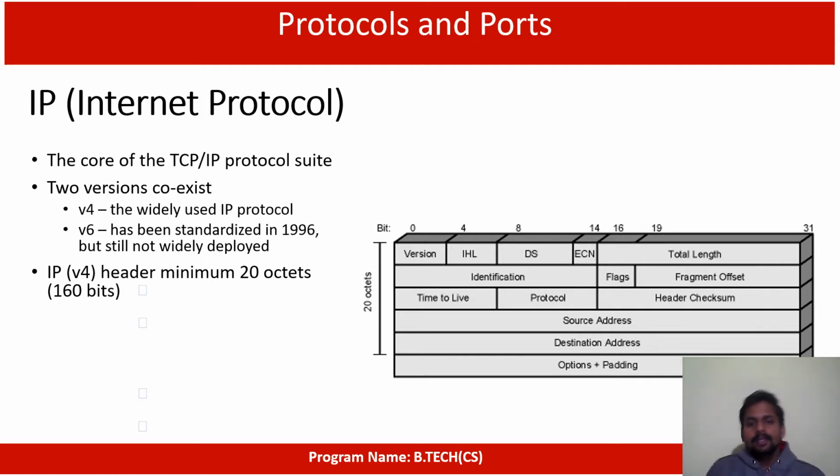This internet protocol header contains 20 octets, and the bits are organized into 32-bit lengths. Here we have the version, IP header length, type of service, congestion, total length, identification, flags, fragment offset, header checksum, protocol, time to live, source address, destination address, and then options plus padding.